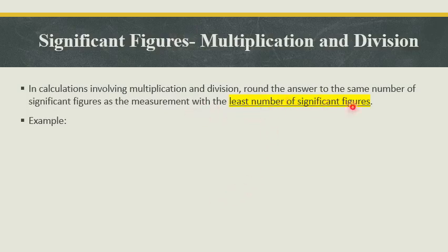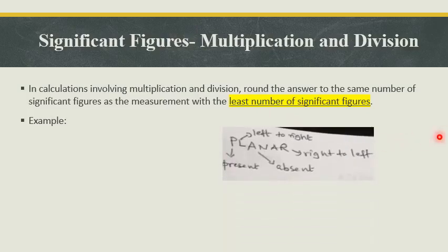So how to find the significant figures? I used to remember by using this mnemonic, PLANER. If a decimal is present, I will start counting from left to right with the first non-zero digit. And A stands for absent: if the decimal is absent, I will start counting from right to left with the first non-zero digit.